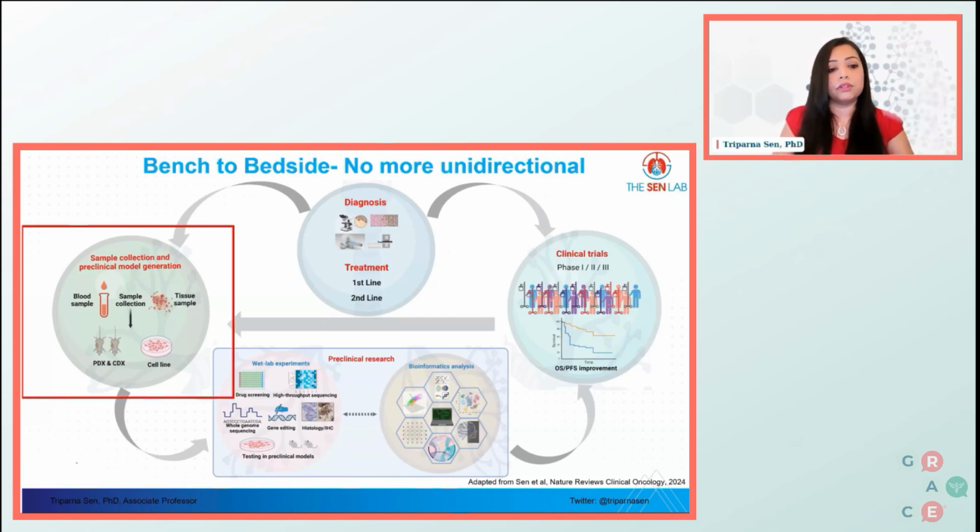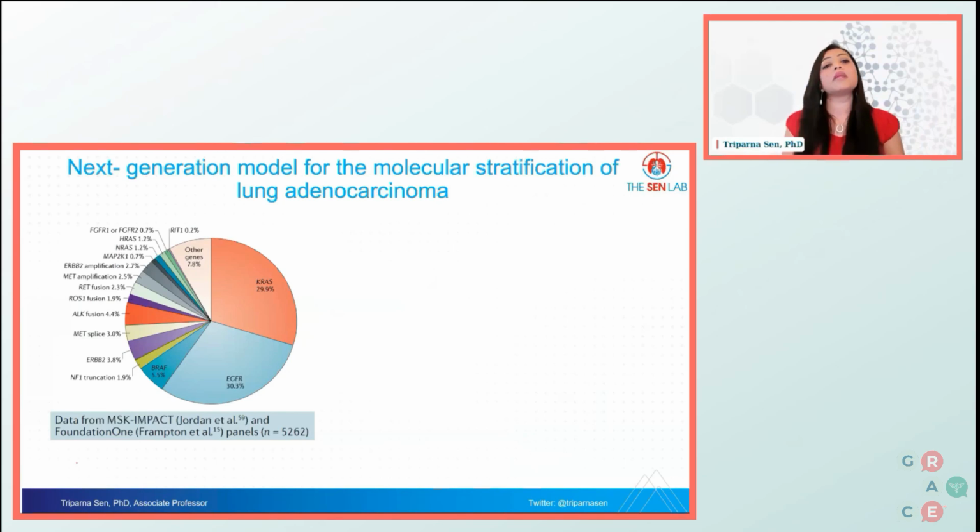So let's talk about the cell lines and the mouse models. If you've been to conferences talking about lung cancer, you will come across this slide a lot. How have cell lines and mouse models really helped us in developing better therapies? I think non-small cell lung cancer is a true testament of molecular testing in terms of developing targets and better therapies.